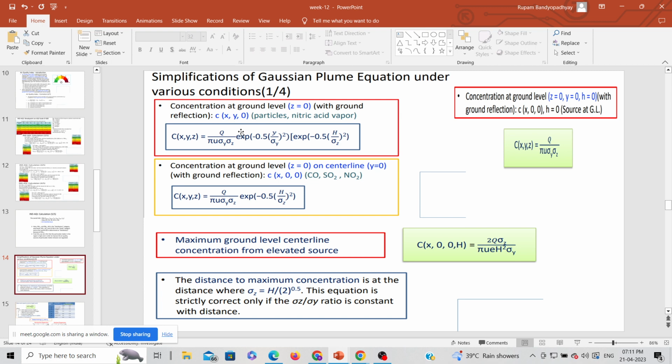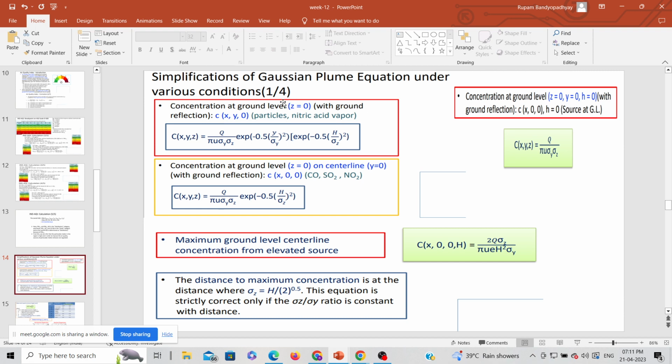Generally, we like to calculate the ground level concentration from the plume behavior. In the x, y, z plane, x is the horizontal, y is the crosswind direction, and z is the vertical.